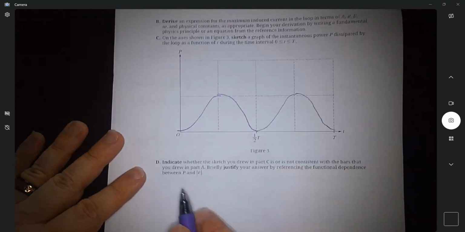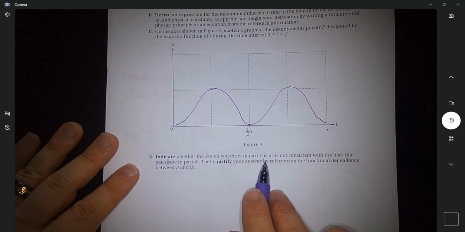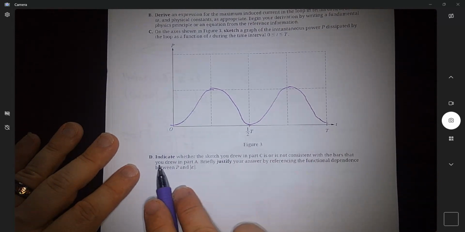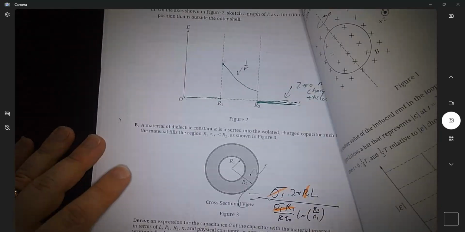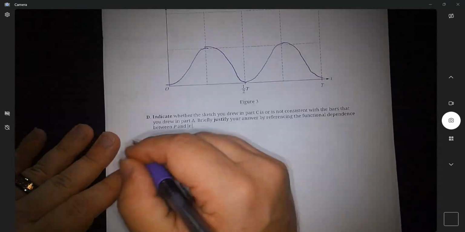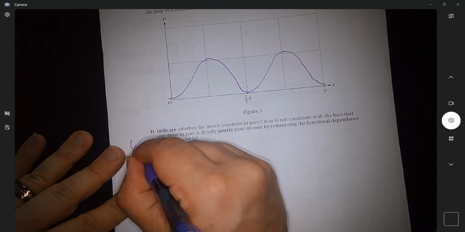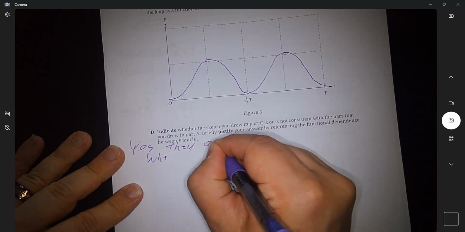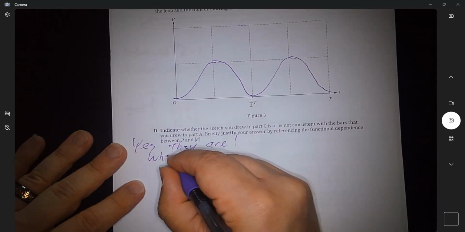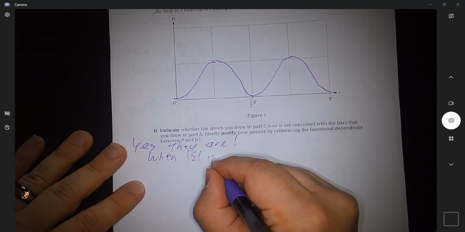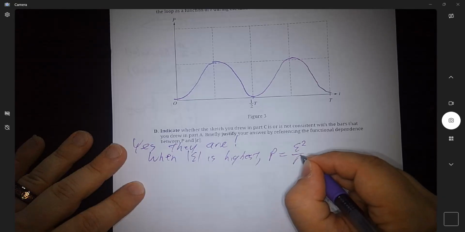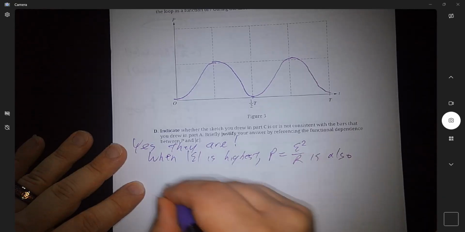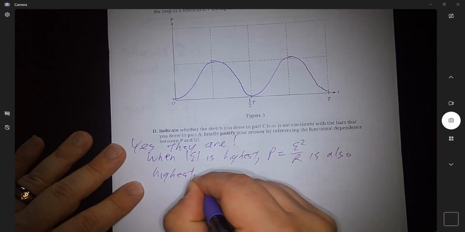Okay. Indicate whether the sketch you drew in part C is or is not consistent with the bars that you drew in part A. In part A, what did I say? Oh, the EMF. Yes, they are. When EMF is highest, power, which is EMF squared over R, is also highest.